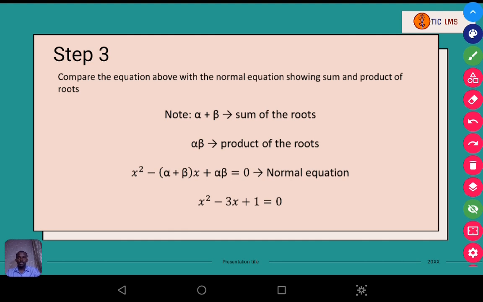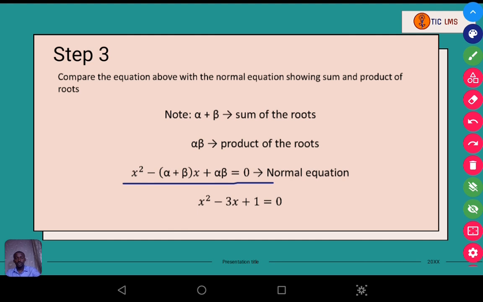Step 3. Compare the equation above with the normal equation showing sum and product of roots. So do not forget that alpha and beta are the roots of the quadratic equation. And here you have the sum, and here you have the product. Now this is the normal equation showing the roots.